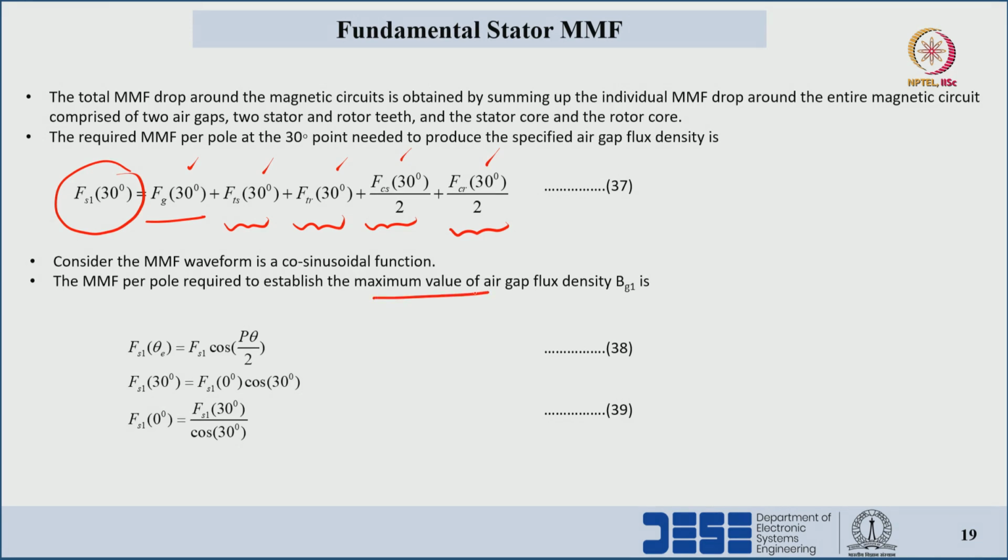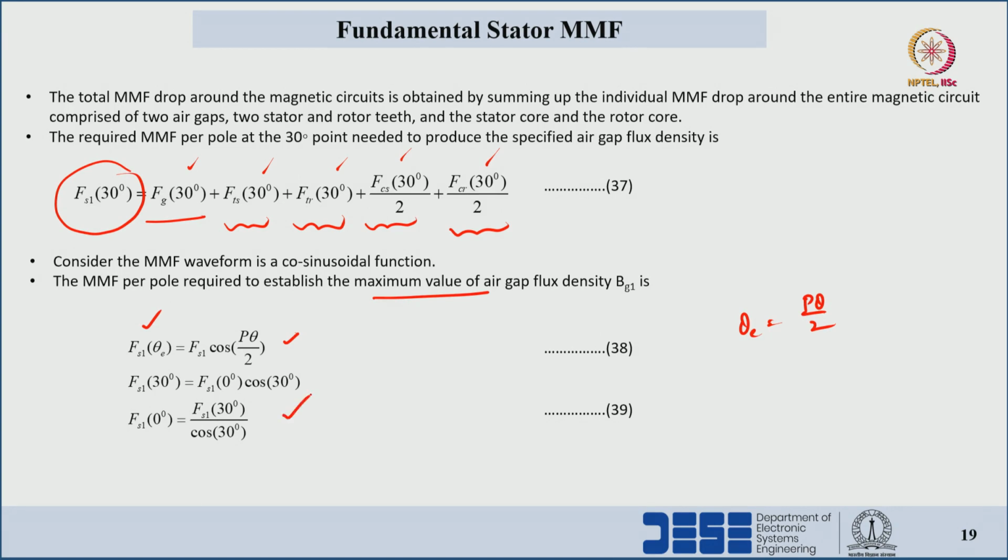In order to find the peak value of the MMF per pole required to establish the air gap flux density Bg1, Fs1 of theta is a function that is equal to Fs1 into cos theta electrical. So, theta electrical is equal to P into theta by 2.